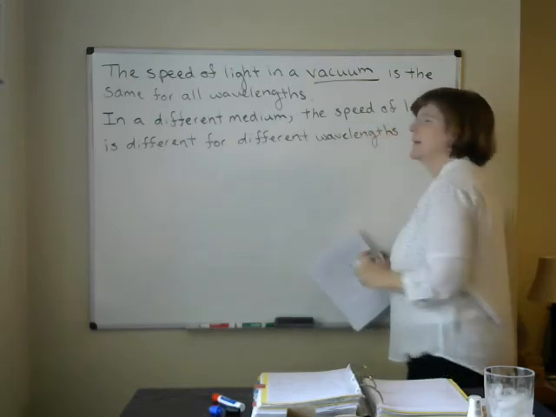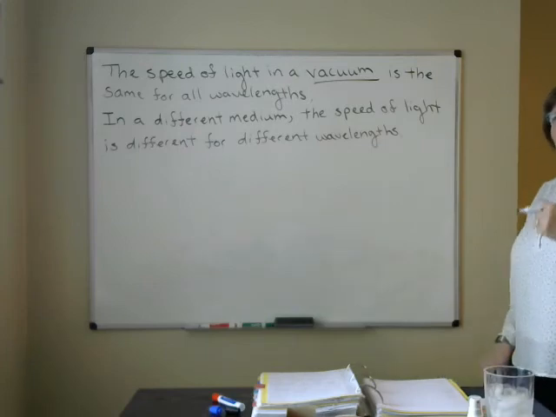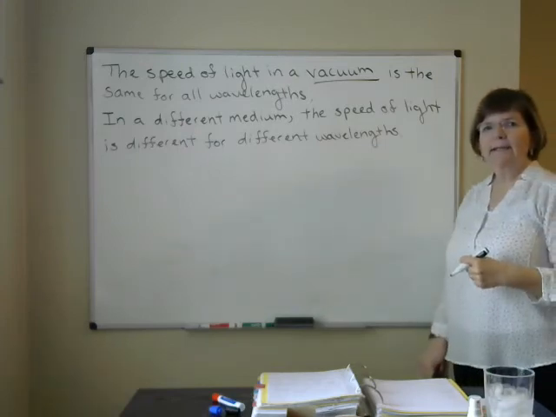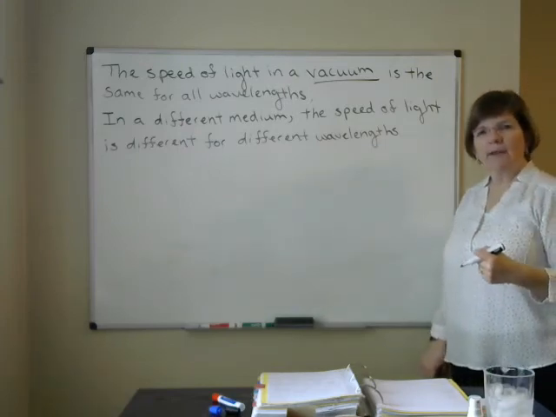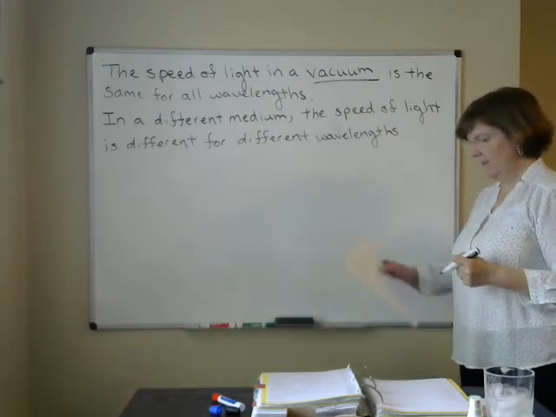In other words, if we're not in a vacuum, the speed of light depends not only on the medium, but actually it also depends a little bit on the wavelength of the light.